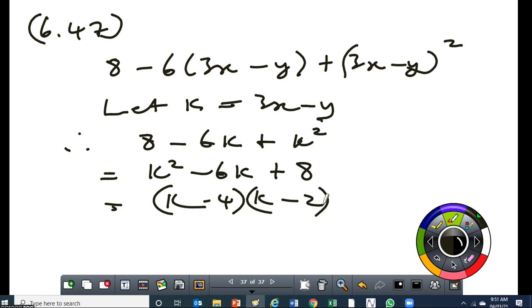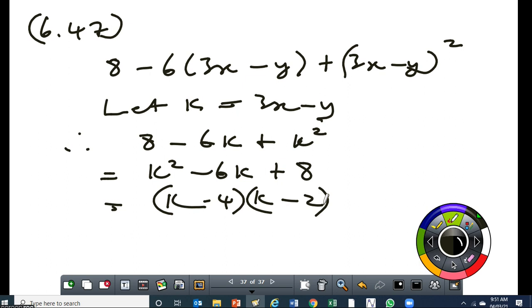That shouldn't be a problem because this is a simple trinomial. It's not as complex as the other 2 or 3 that I did. As long as the coefficient of the first term is a 1, you should not have any issues to factorize that trinomial.